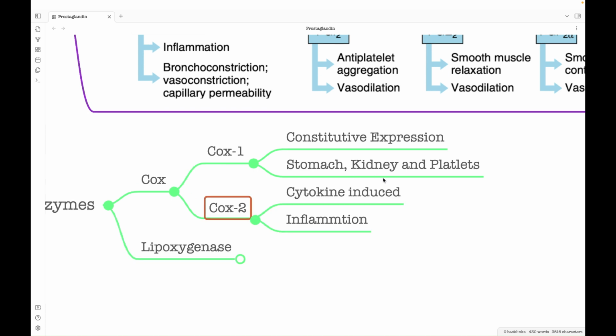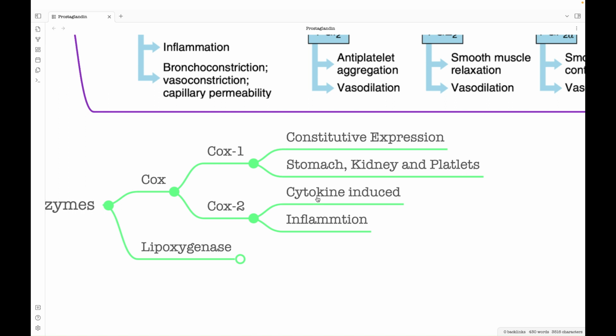But COX2 is cytokine induced. That means there should be a specific condition for COX2 synthesis, that is, cytokines should be higher, and that is associated with inflammation. I think all of us now know what COVID is and what COVID did to our body. What happened majorly is, due to COVID, there was an increased cytokine level in our body.